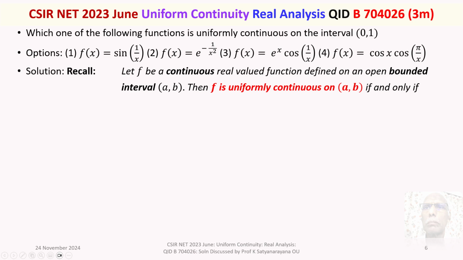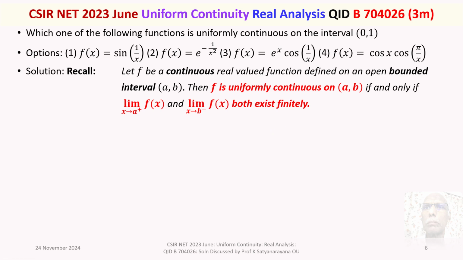Then f will be uniformly continuous on the open interval (a, b) if and only if the limit as x tends to a plus of f(x), that is the right limit of f(x) at a, and the left limit of f(x) at b, that is the limit as x tends to b minus of f(x), both exist finitely. It is a necessary and sufficient condition.